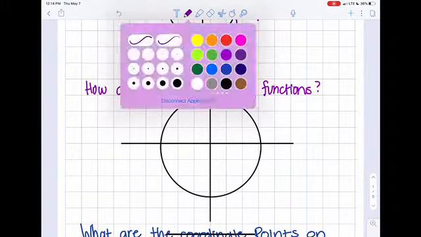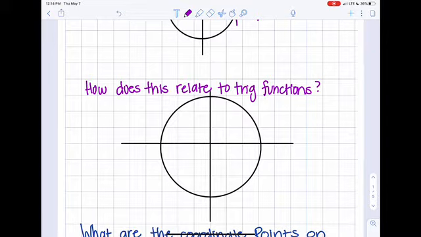Well, we have already been looking at creating an angle in a circle. So let's say I have this initial line and then this line here. It creates an angle theta here. And we have already been dealing with this in the last few lessons, finding these angle measurements or other measurements.